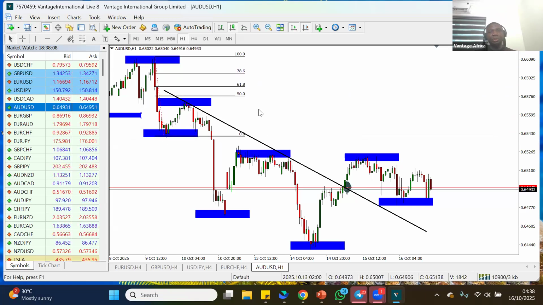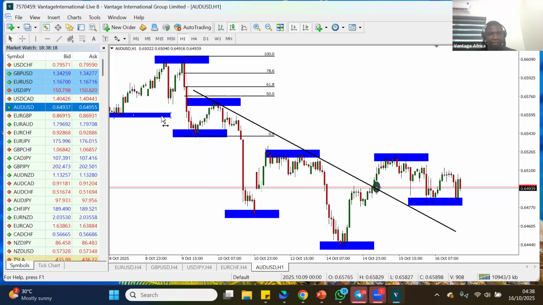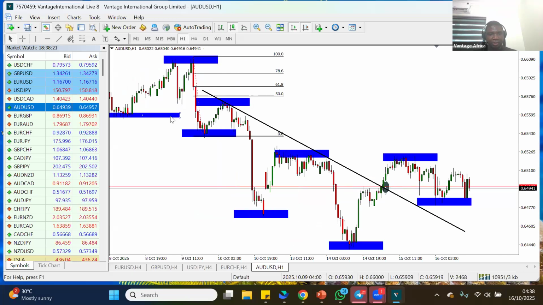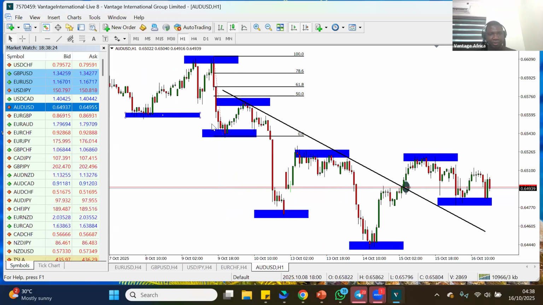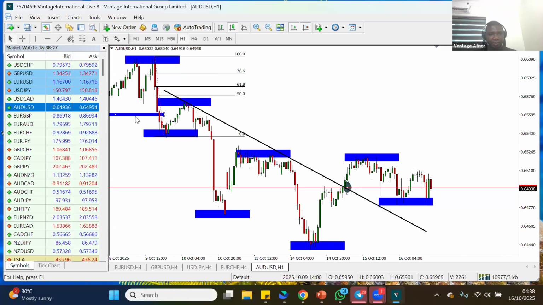As we drag to this bottom, we are expecting that price will hit this level. This level is what we are targeting here.